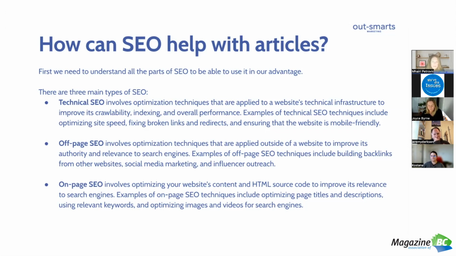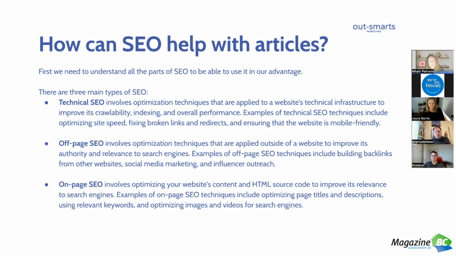So there are 3 types of SEO. The first one is probably the hardest. It's technical SEO, and sometimes I'm not technical. I'm not a coder. Sometimes for technical SEO, we need to bring in a developer to help us with those aspects. The second thing is off-page SEO, and those are things that you do on other sites, not your own page, not your own website, on other external sites that help impact and influence Google.